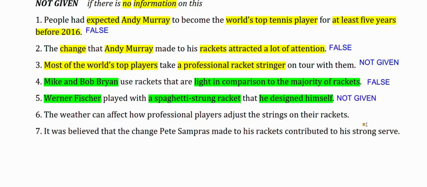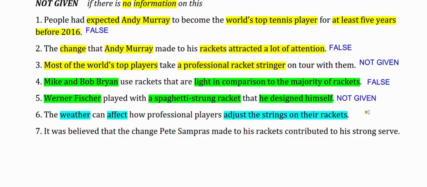Moving on to the sixth question. The weather can affect how professional tennis players adjust the strings on their racket. So weather, it will affect what professional players do, adjust the strings on their racket. Our answer will be true when it is because of weather.